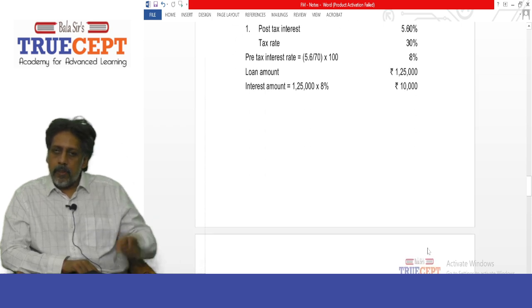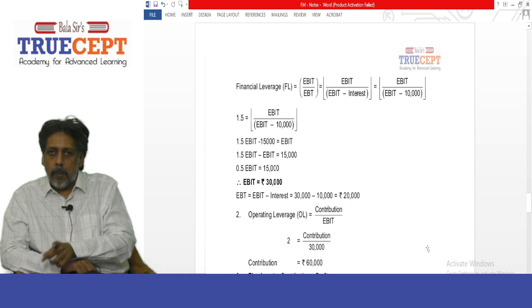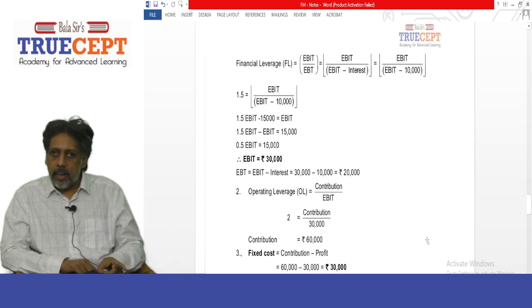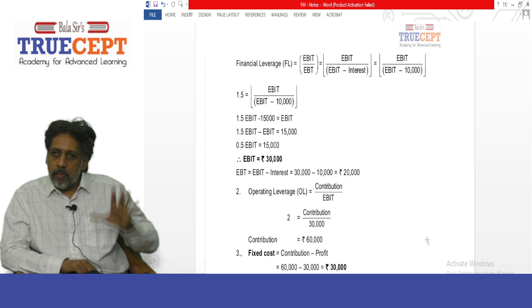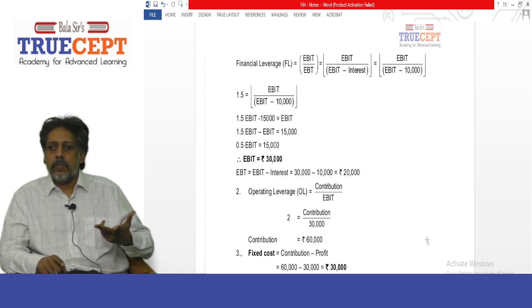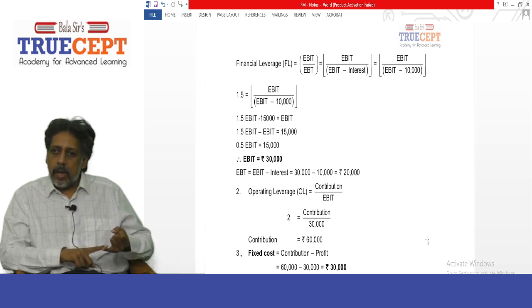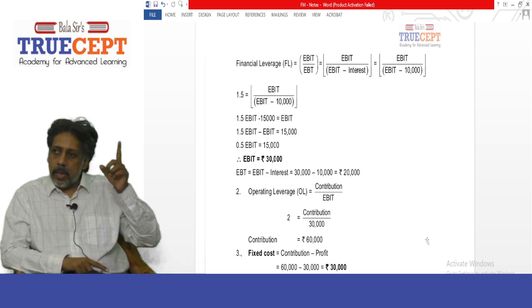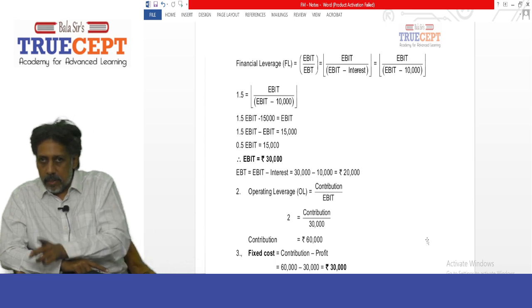Now, next step is we write down the financial leverage formula. We know financial leverage, or you can say DFL. What is DFL? Degree of financial leverage. It's all the same, which is equal to EBIT divided by EBT. And remember, EBT is nothing but EBIT minus interest, the denominator, right?